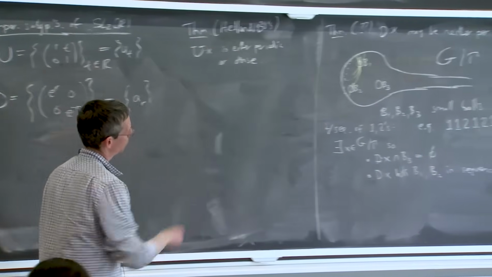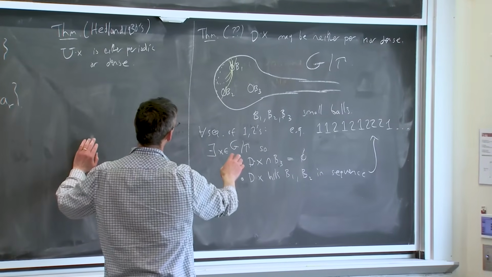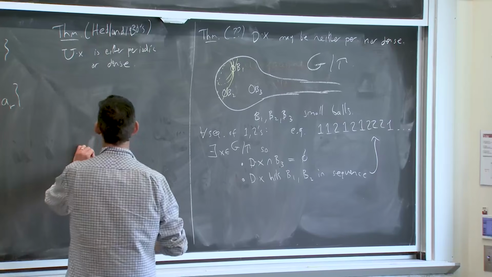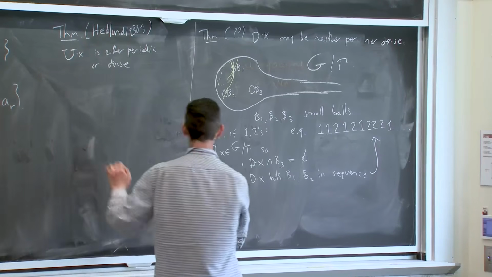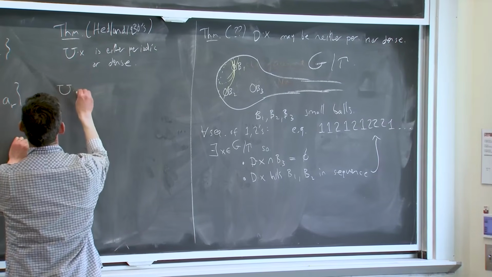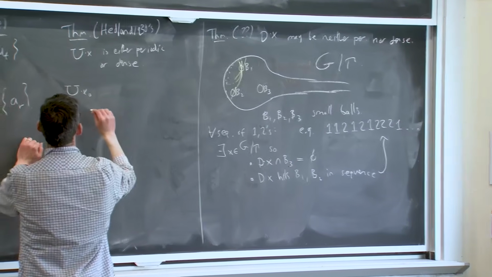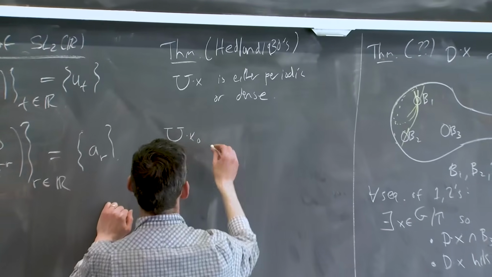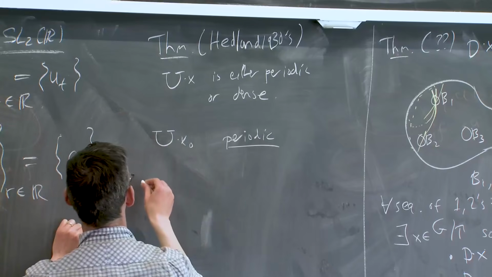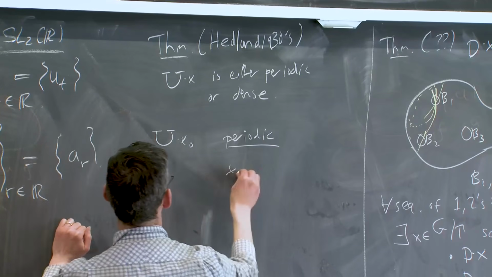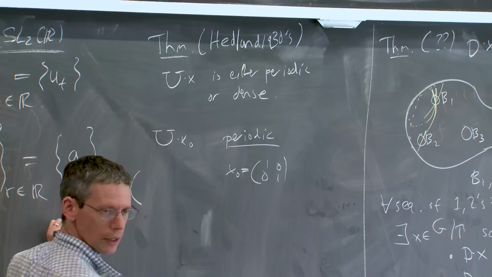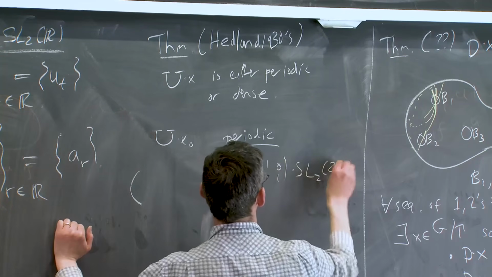So d orbits can do this somewhat crazy, somewhat chaotic thing. But u orbits can't. U orbits can be periodic. So if you were to take u of x naught, this is periodic. And the reason is, x naught corresponds to the matrix 1, 1 times SL2C.